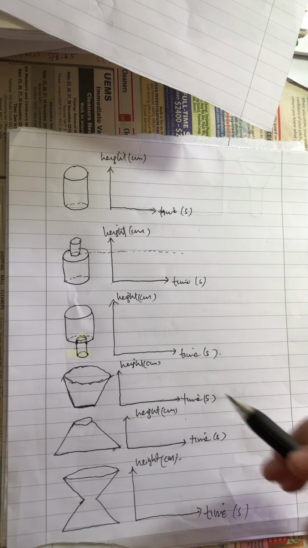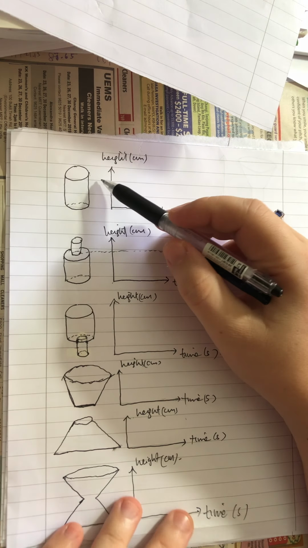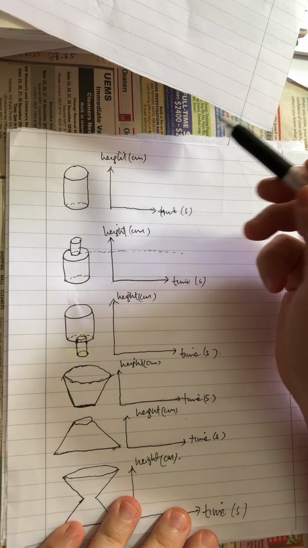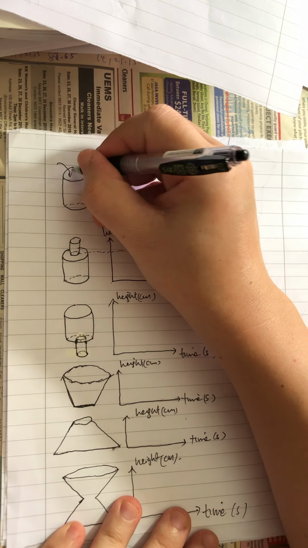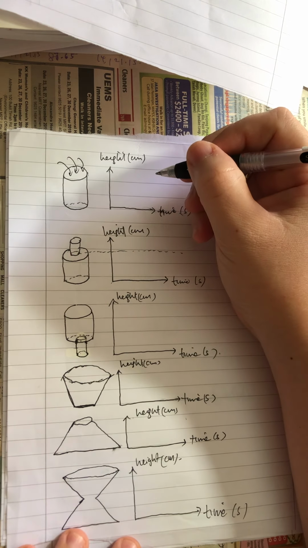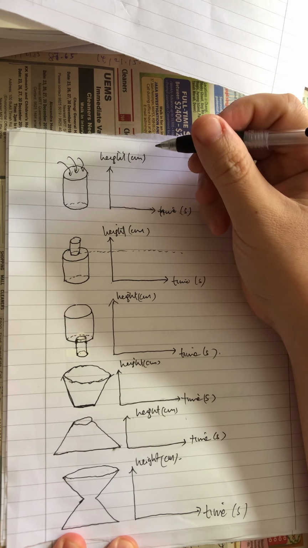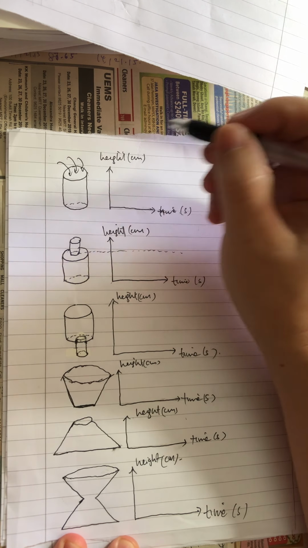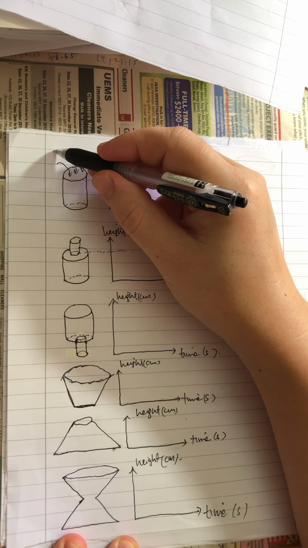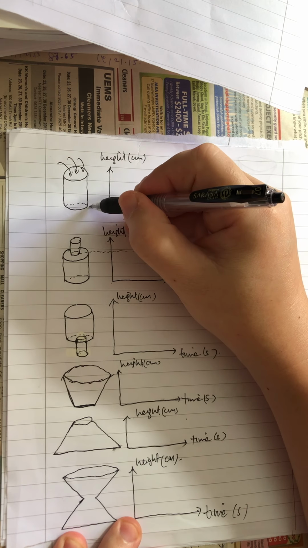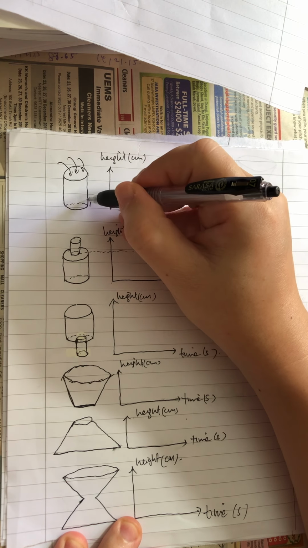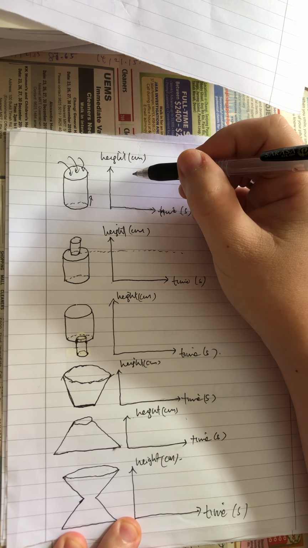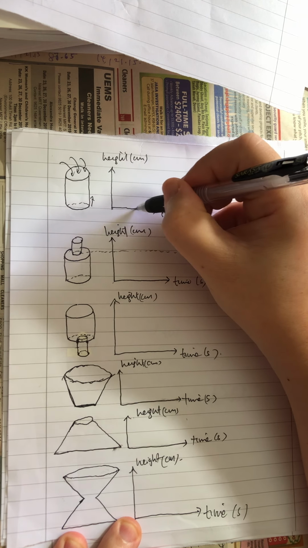So let's say you have one container, then you pour water in, pour water in. They want to know if you pour water in at a constant rate, how fast will the height of the water in the container rise as time passes by?